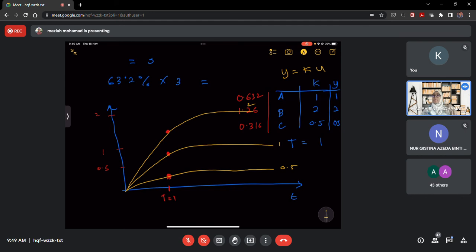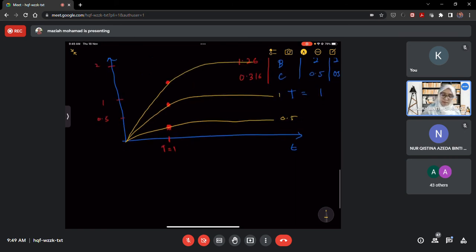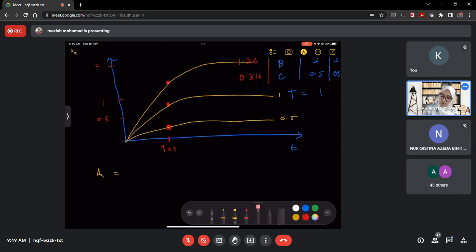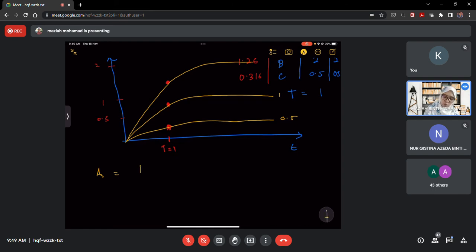It will amplify the transfer function. So if we write the transfer function for the first system, A, K equals 1, so 1 over S plus 1.